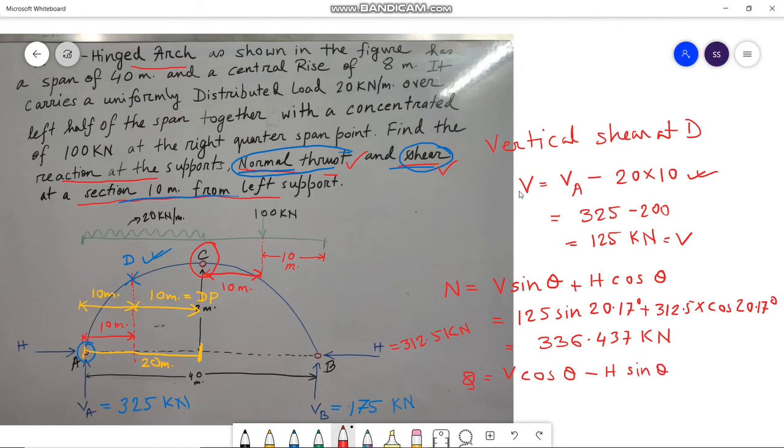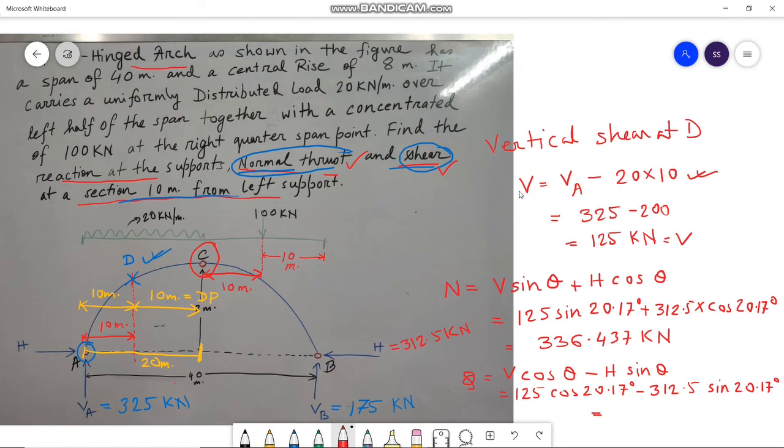Then again putting the value of V and H, we get 125 cos 20.17 degree minus 312.5 sine 20.17 degree.